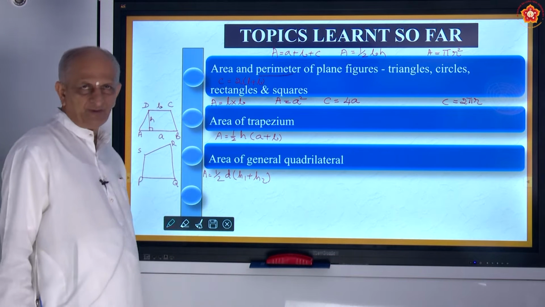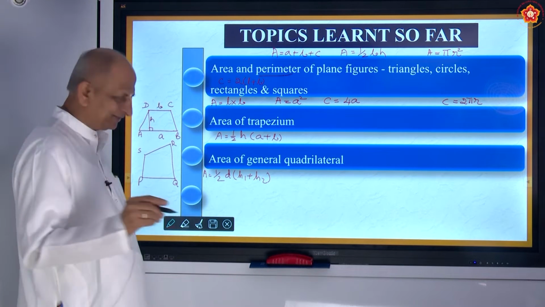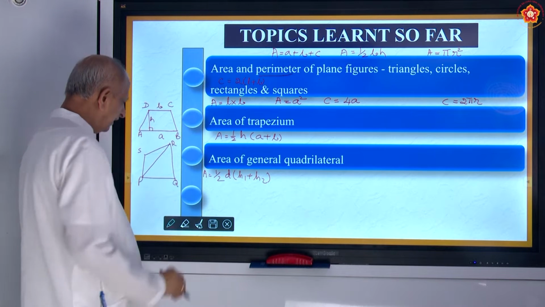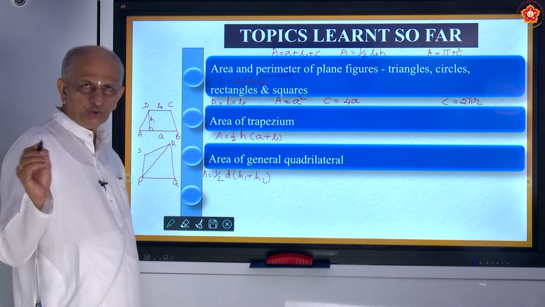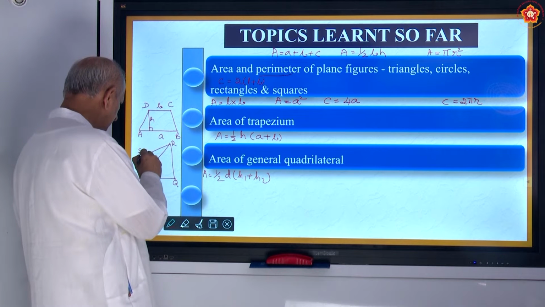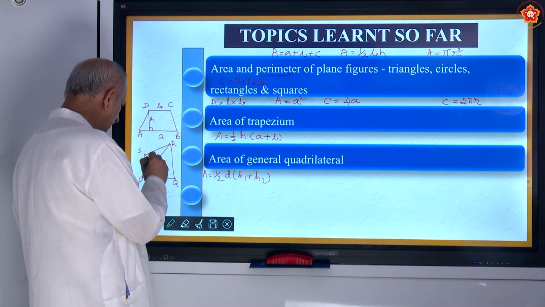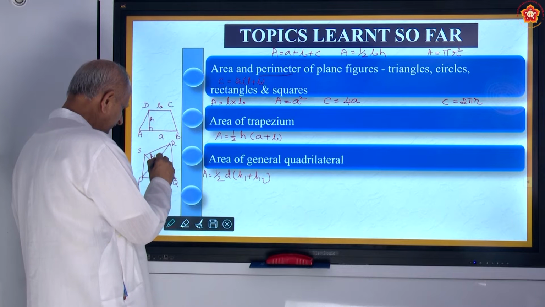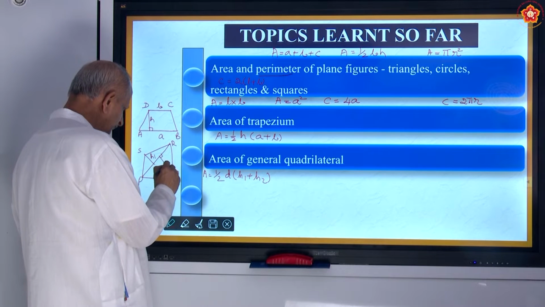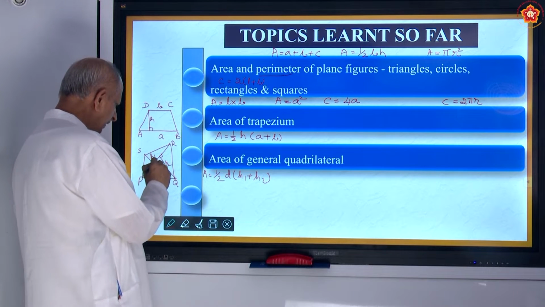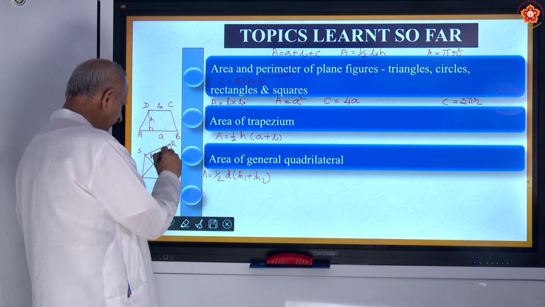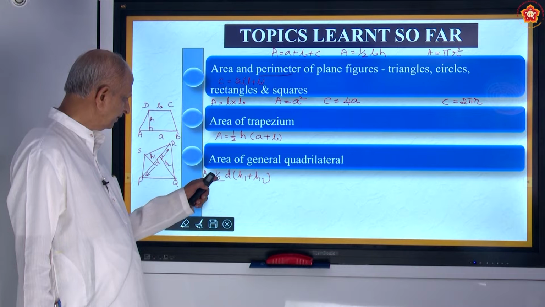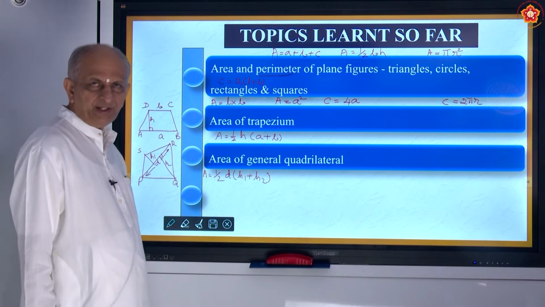How many diagonals it will have? 2 diagonals. Come on, name. One is called PR, another is called QS. And if you draw heights here, that is called as H1, H2. Perpendiculars. Okay. And D is the diagonal, length of the diagonal. Okay. So formula is half of D into H1 plus H2.